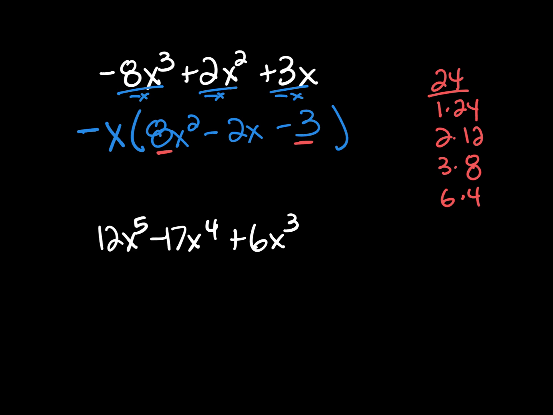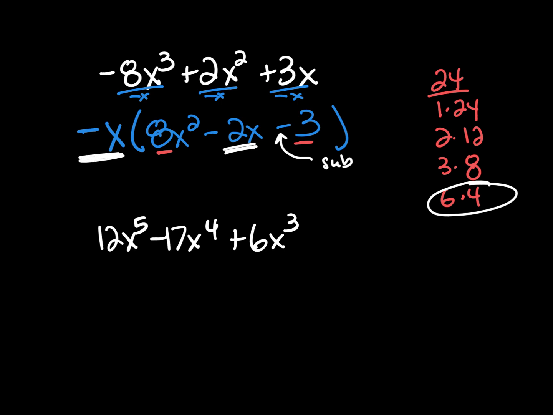I know some of you like to rush and get to the answer, but now again, since that last term is a negative, I want something that's going to subtract to give me this 2. When I look at all of these, 6 and 4 is the only way I'm going to subtract to get 2. So this negative x, I'm just going to ignore for now.